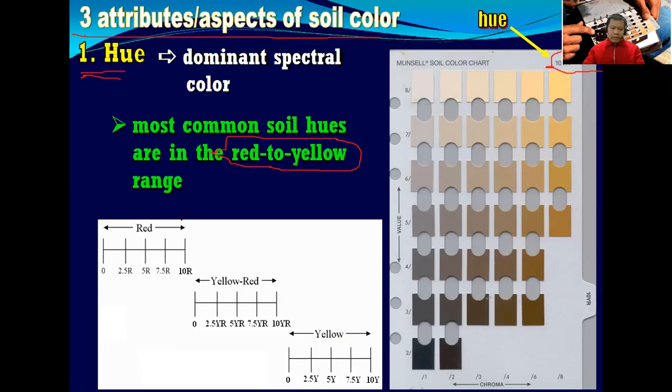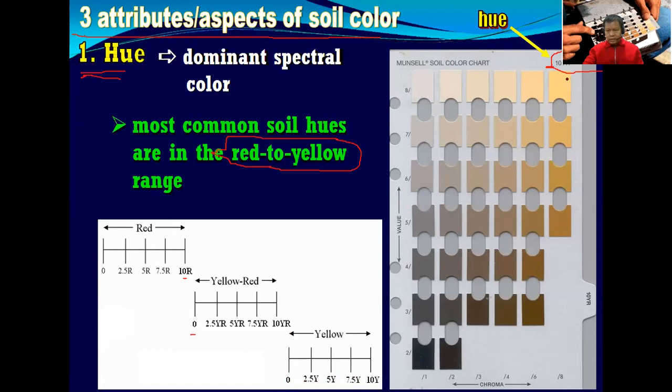Okay, so for example, the range of hue in red is 0 to 10R. The yellow red is 0 to 10YR, and the yellow hue is 0 to 10Y. But the combinations of red and yellow should be YR in hue.